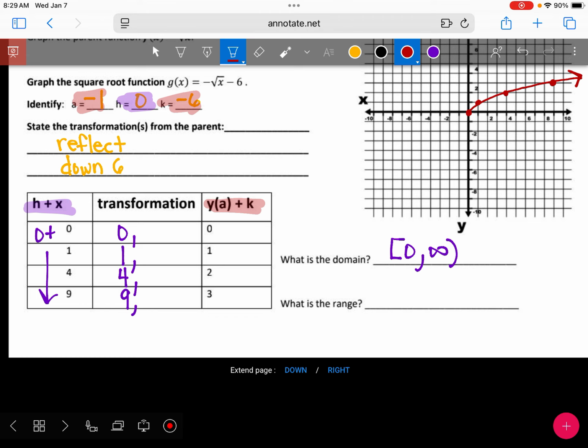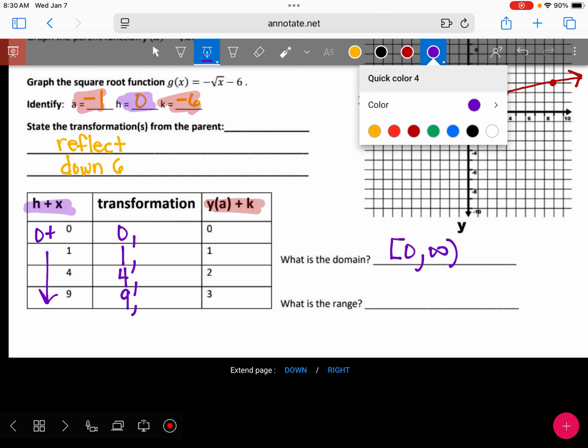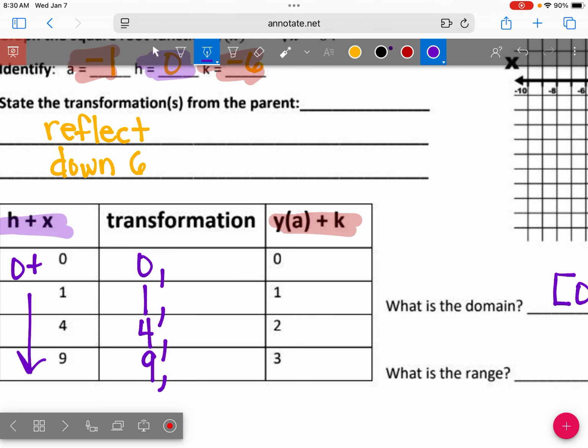So what you need to do, pick up your calculators. There should be a calculator on your desk. Multiply these numbers by -1, and then you're adding -6 all the way down. So go ahead, take a moment and get your 4 Y values.